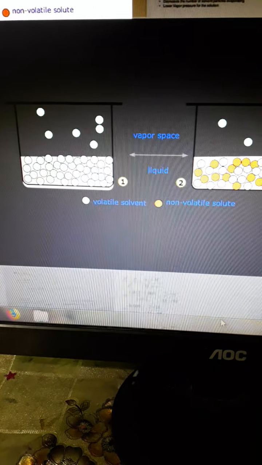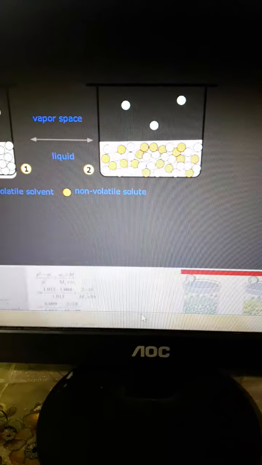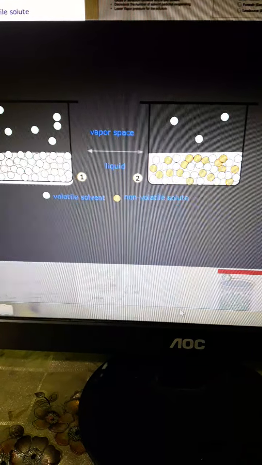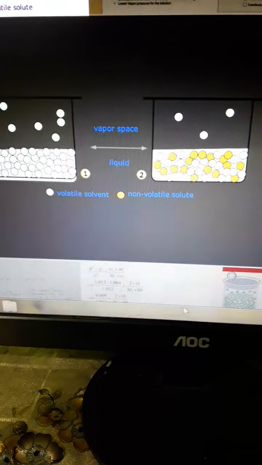But what happens when you add a non-volatile solute? You can see over here that the solute particles are occupying some spaces in the liquid. So some of the space at the surface of the liquid is occupied by the non-volatile solute.